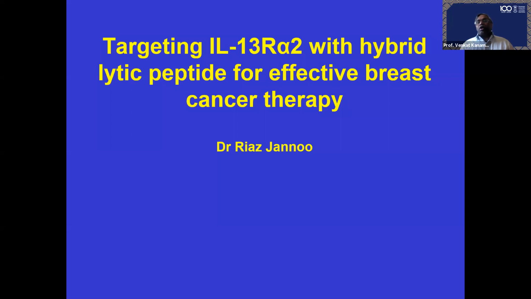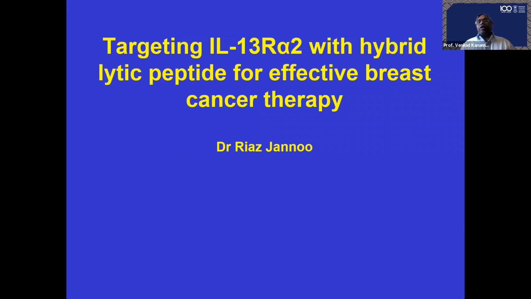And therefore you see a lot of side effects when you use chemotherapy for many types of cancers. And therefore there's a lot of interest and demand for developing therapeutics targeting cancer. So many groups are working to target using different approaches.